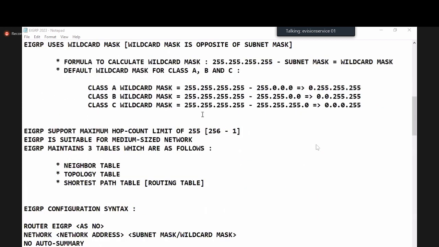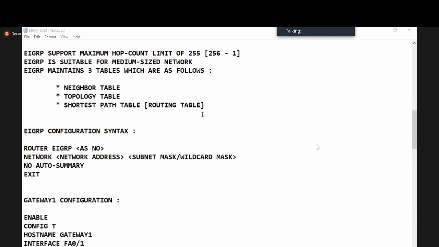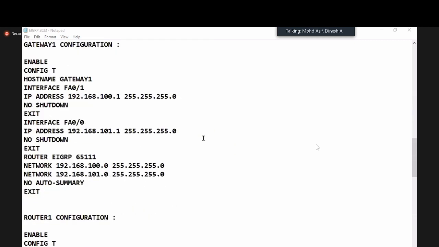Then take the next. Done. And gateway 1 configuration. Taken.